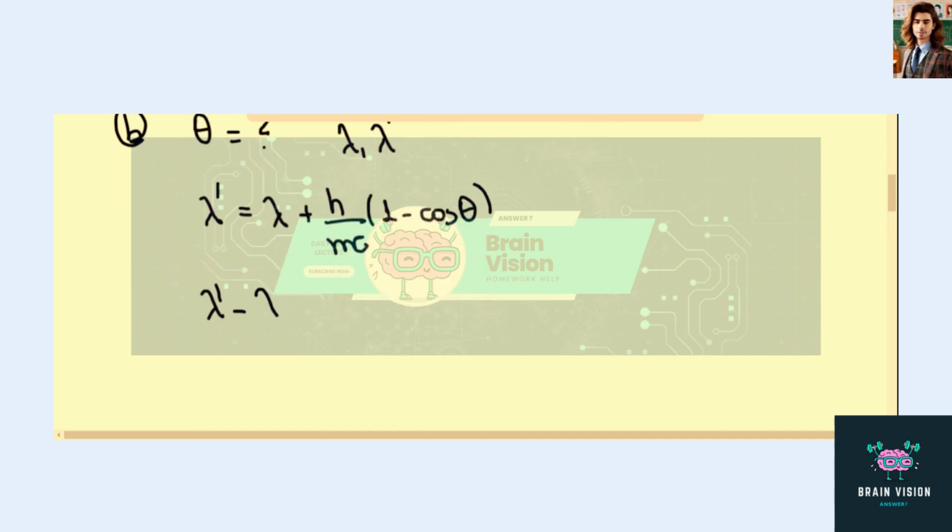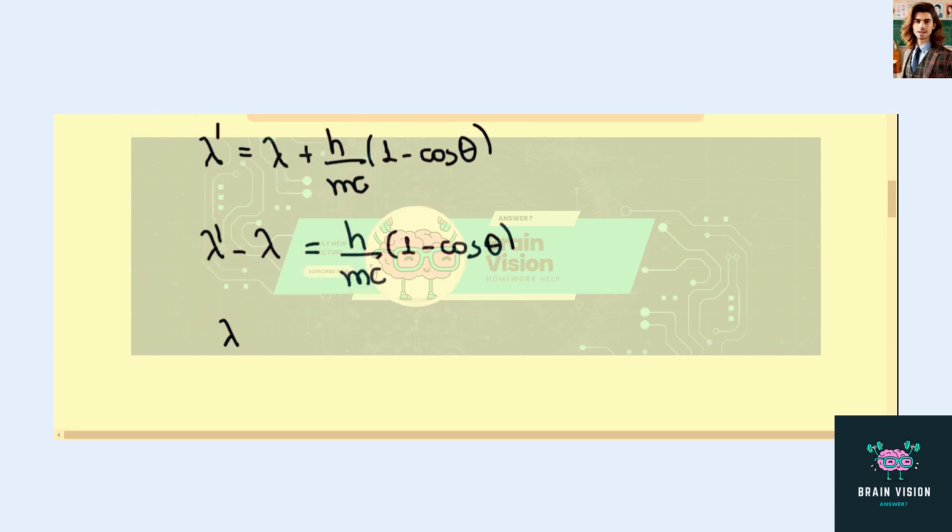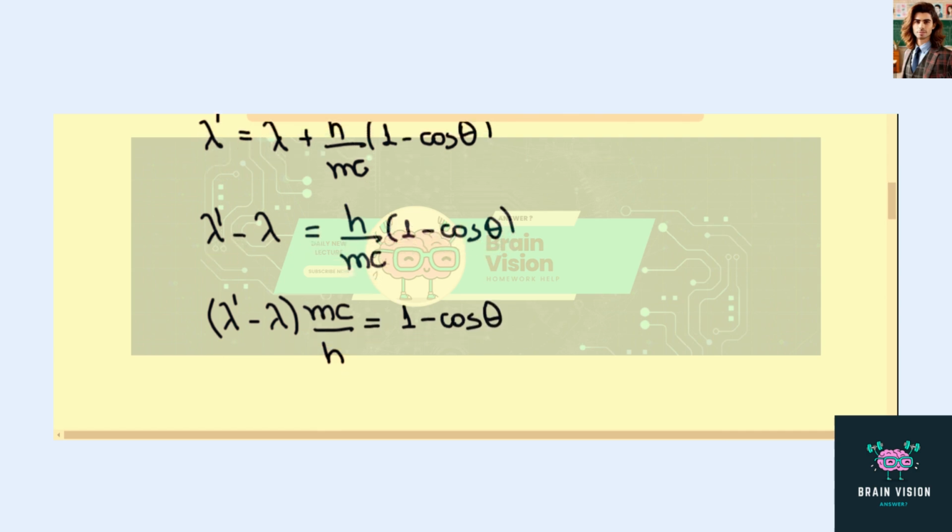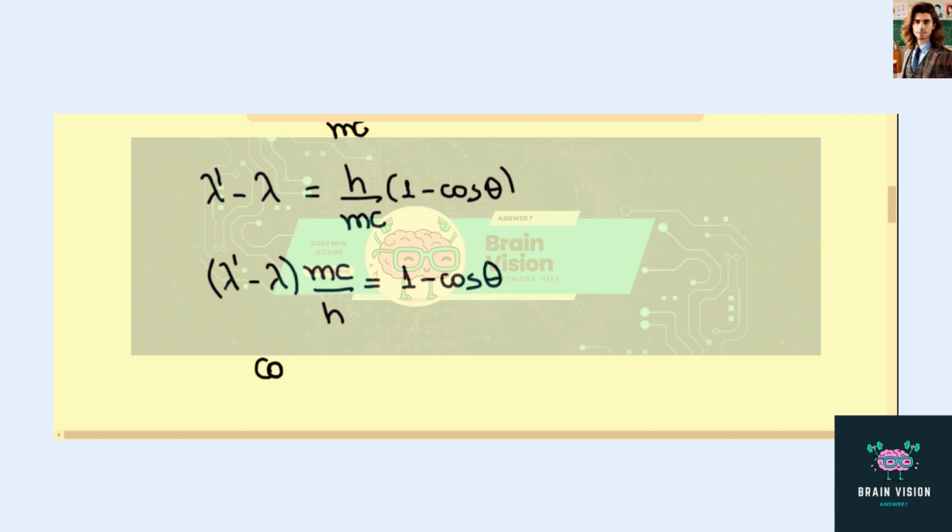So lambda prime minus lambda is equal to h over mc times 1 minus cosine of theta. So lambda prime minus lambda, times mc over h, is equal to 1 minus cosine of theta. I'm going to isolate the cosine of theta.